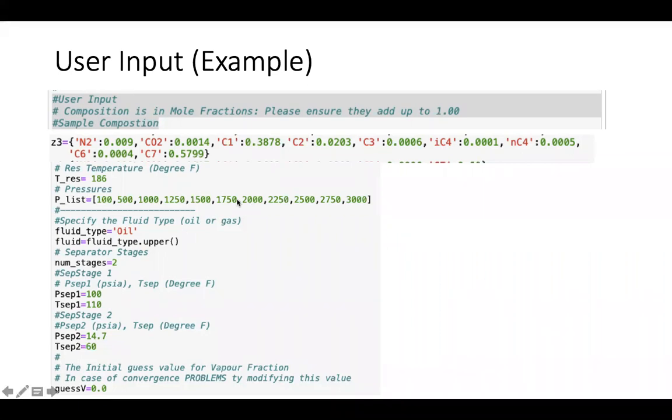It's a bit tedious entering composition like this in the form of a dictionary. So here you see that I'm entering the composition. I'm telling it what the reservoir temperature is in degrees Fahrenheit and the list of pressures. This is where I want the calculation to be done for it to calculate the reservoir fluid properties. So fluid type here I'm specifying is oil. And I'm saying that I've got 2 separator stages. I'm giving the pressure and temperature for the 2 separator stages.